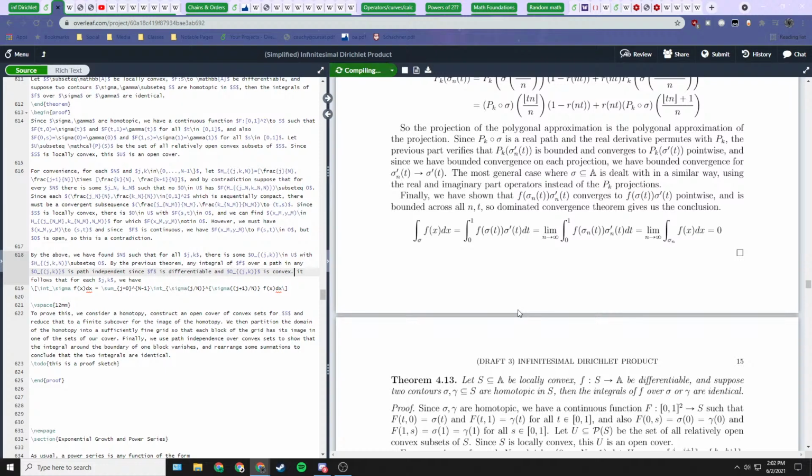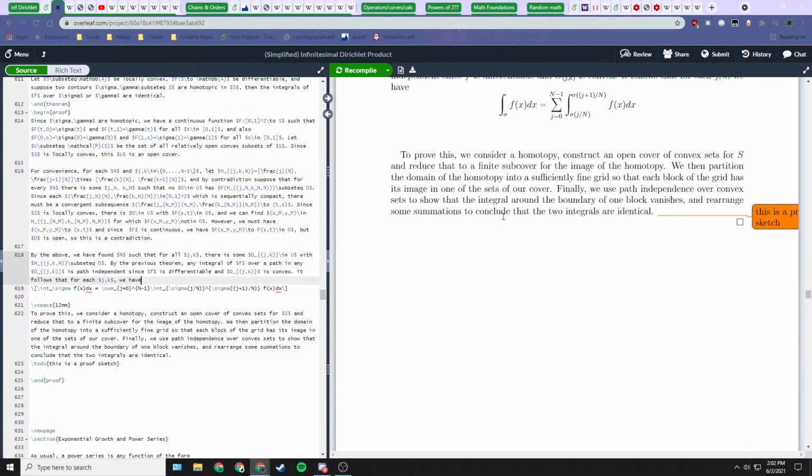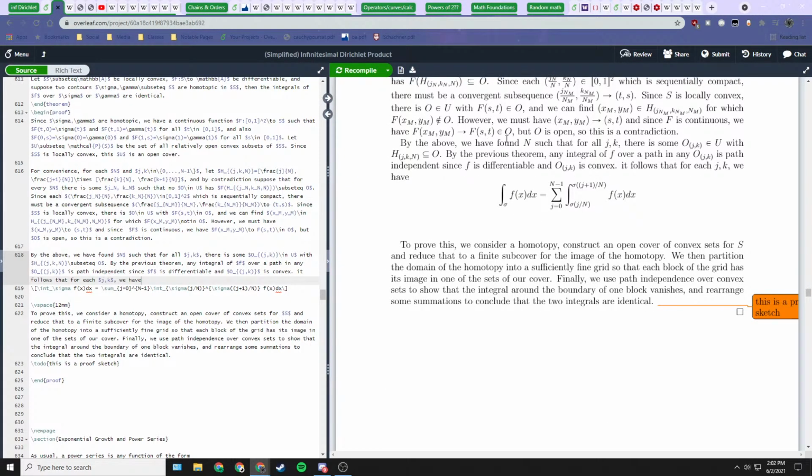That's what we want. Yes, so O_jk is convex. So by the above, we have n and all these open sets. By the previous theorem, any integral of f over a path in any O_jk is path independent, since f is differentiable and O_jk is convex.